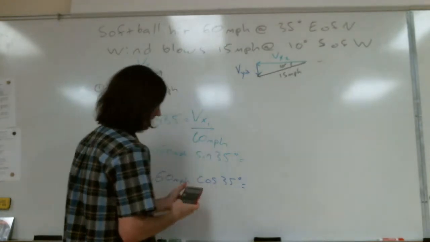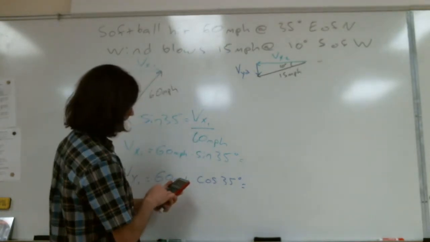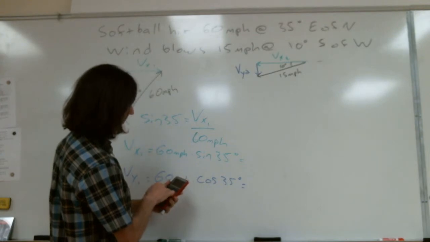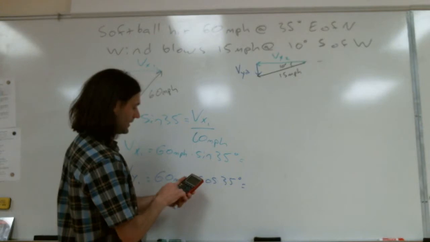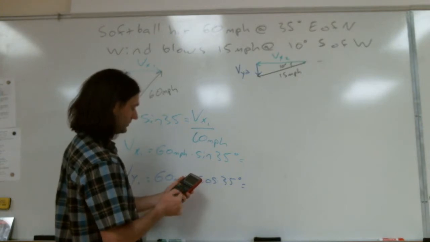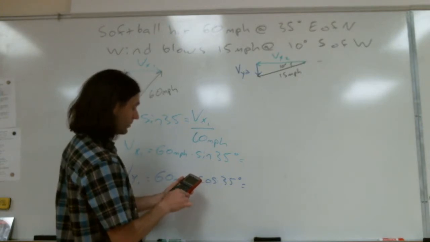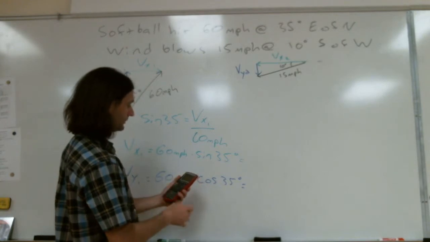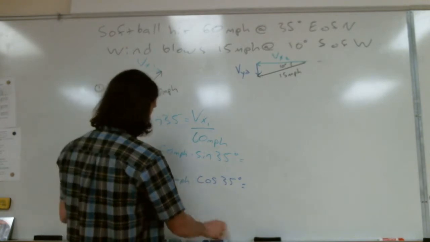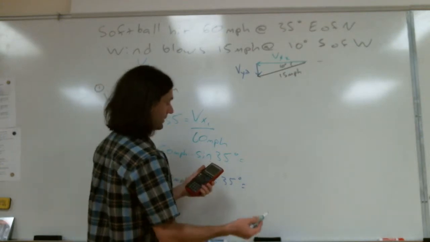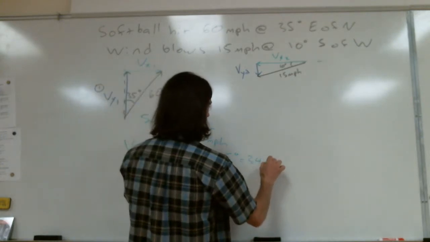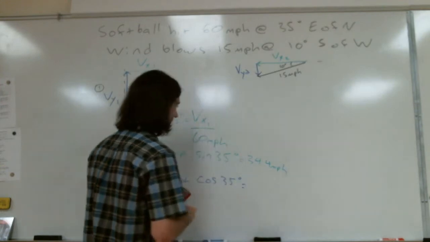All right, so then it's just time to start pushing buttons and make sure I'm in degree mode, which I am. So 60 sin 35, boom, and 60 cos 35, boom. The 60 sin 35 is 34.4 miles per hour.